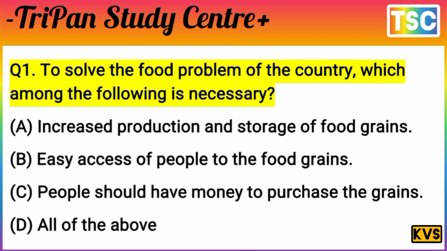Option A, increasing the production and storage of food grain, yes, it is important. Easy access of people to the food grain, yes, it is also important. And C, people should have money to purchase the grain, yes, it is right. It means option D is correct here.